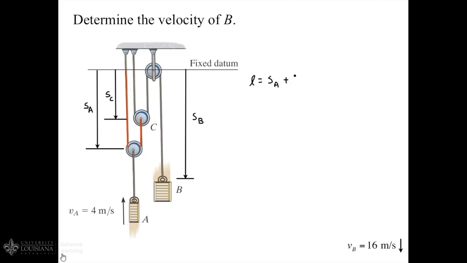Well, I hope you said it would be S sub A minus S sub C. If I take the time derivative of this equation, I'll have a velocity relationship. 0 is equal to 2 times V of A minus V sub C.